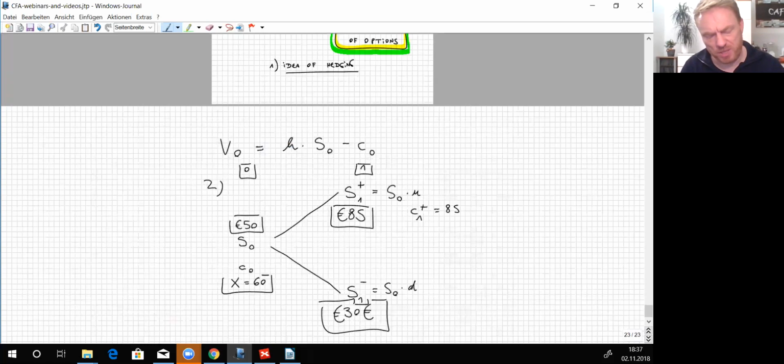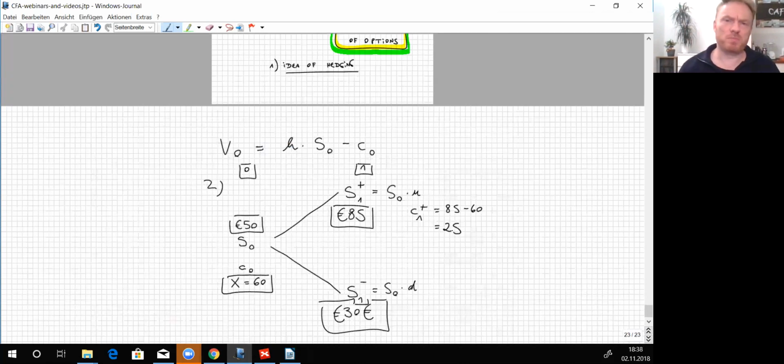So we agree today that you, the holder of this call option, will be able to buy the underlying share at the price of 60. That's agreed upon now. So 85 minus 60 equals 25.